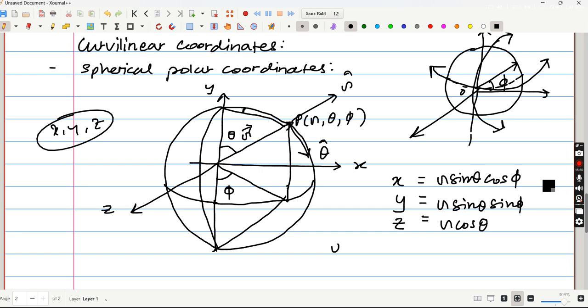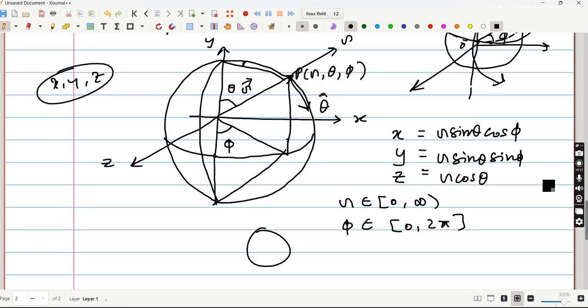And yes, so you have to define the limits as well. R can go from 0 to infinity. Phi accounts for the horizontal motion, 0 to 2 pi, because if you have a circle, you go fully 2 pi radians.